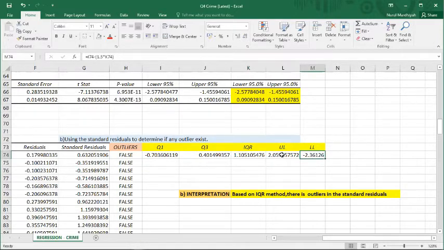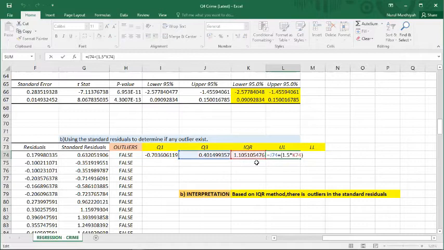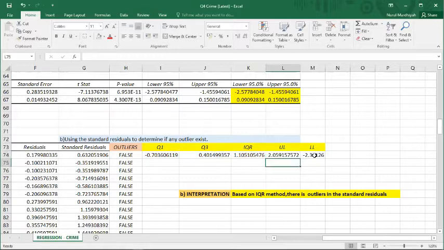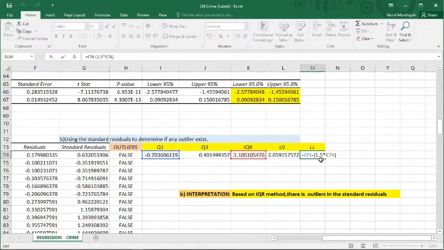The formula is Q3 plus 1.5 times IQR, and for the lower we use Q1 minus 1.5 times IQR.